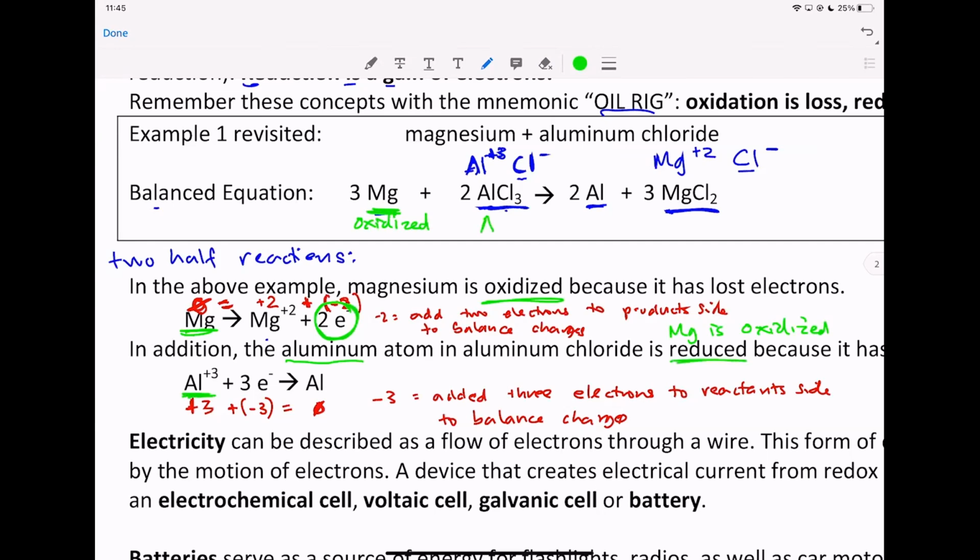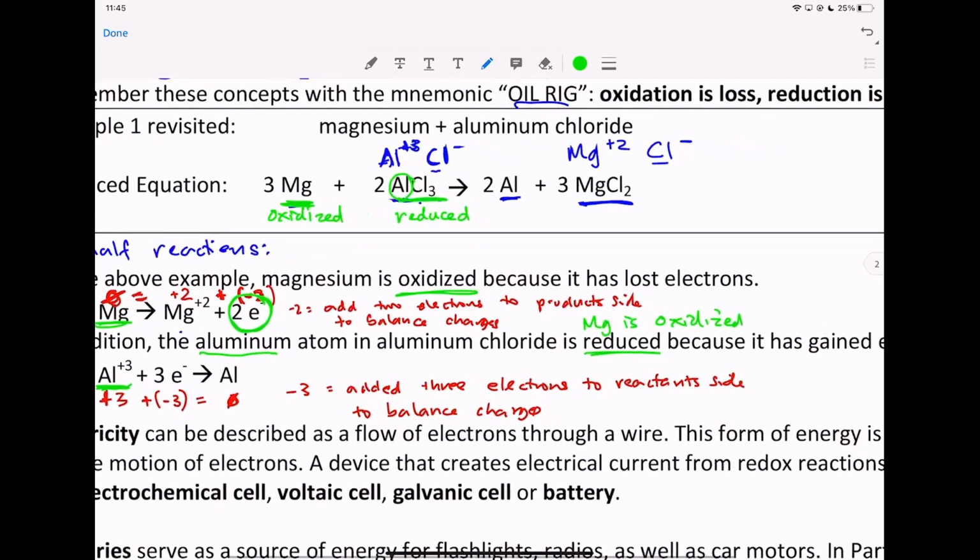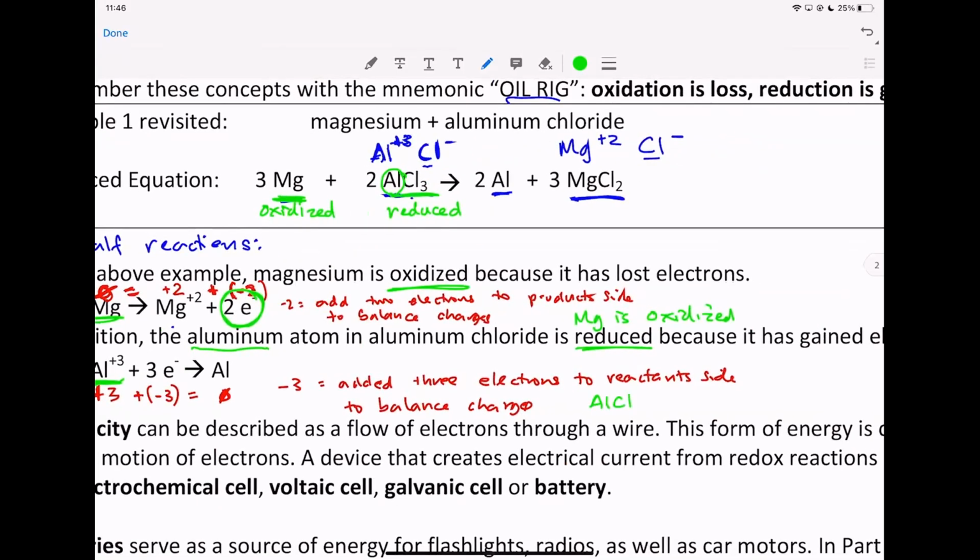Let's actually write this here: what is reduced is this entire compound, AlCl3, because aluminum is part of that whole compound. So what you would write here is that AlCl3 is reduced. Why isn't it just aluminum?